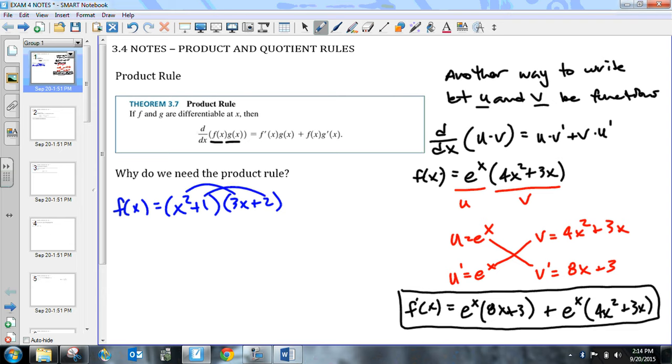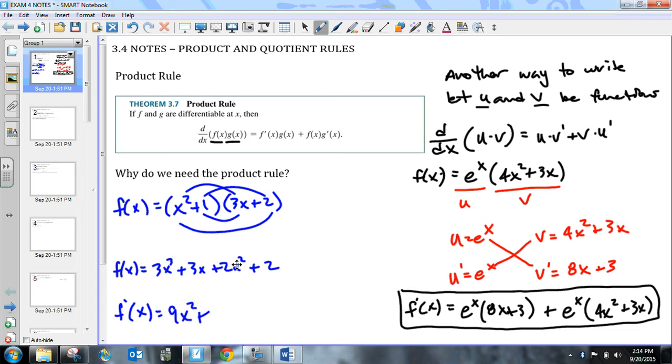Okay, so I would end up getting f of x is equal to, say, 3x cubed plus 3x plus 2x squared, and then plus 2. Okay, and I could find the derivative of this using the power rule, and that's going to give me 9x squared plus, I'm going to reorder this and get 4x plus 3 and then plus 0.